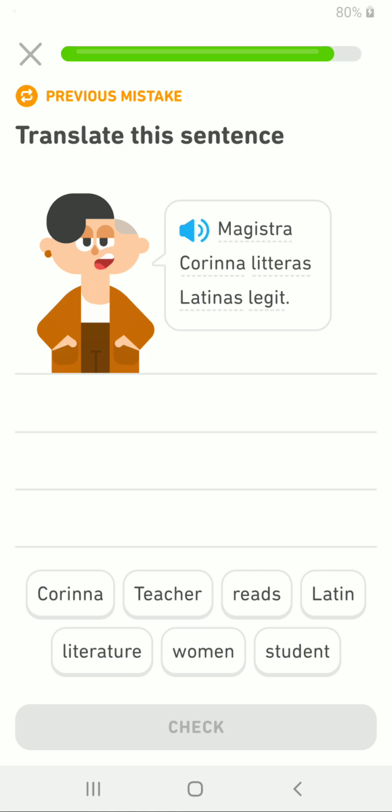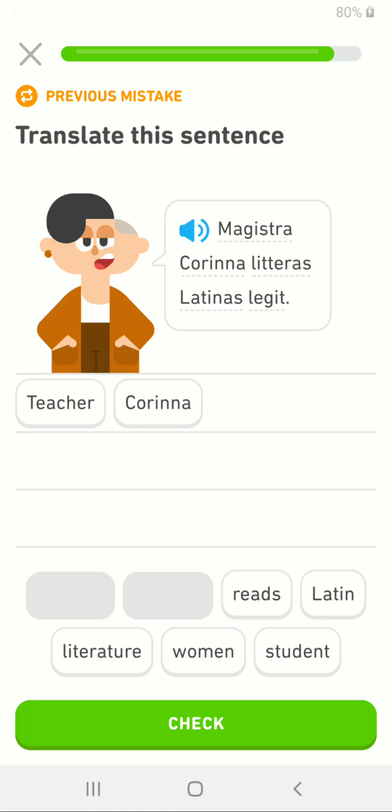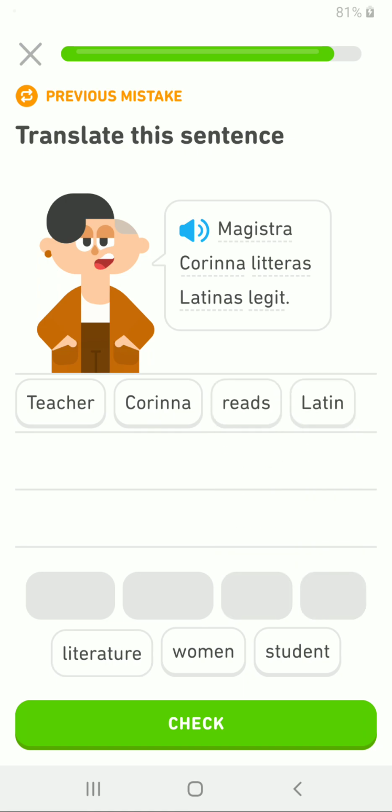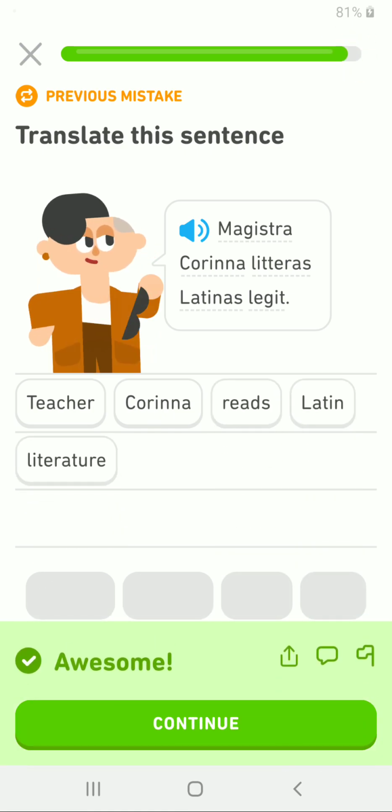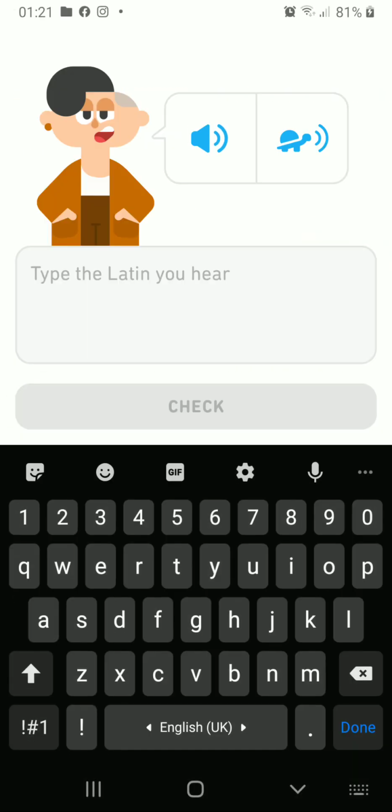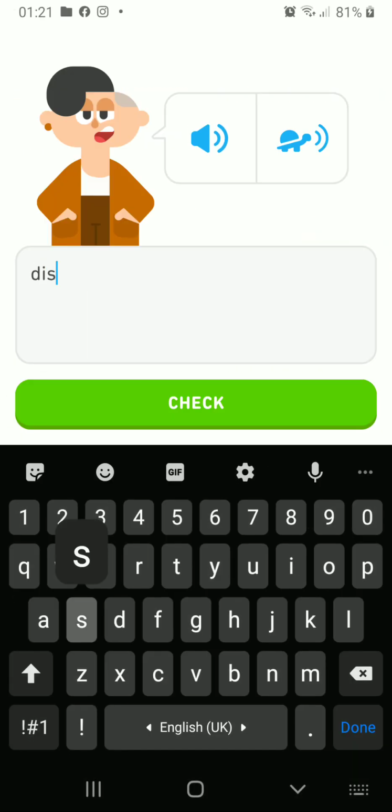Magistra Corinna litteras latinas legit. Yeah, here you can see again, it's litteras latinas instead of litteris latinis. So we don't understand. Magistra Corina reads Latin literature. And discipulus bene scribit.